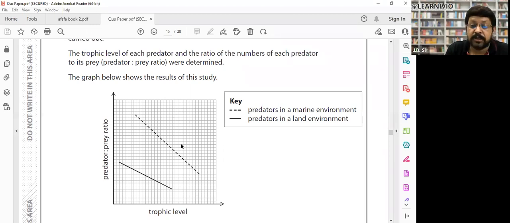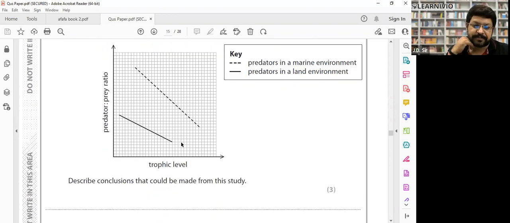But in the terrestrial environment, the land environment, the food chain is not that complex, and hence the prey predator ratio will be less stable. Concluded, that's it. These are the things which you put by your own logic, because you won't get everything from your graph or your diagram. That's how you have to write the question.